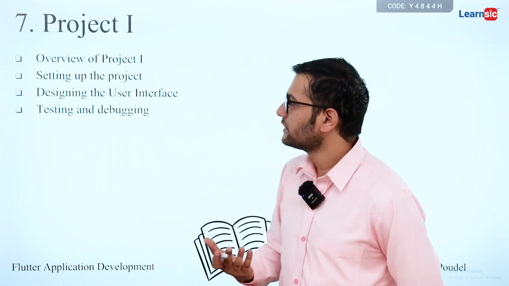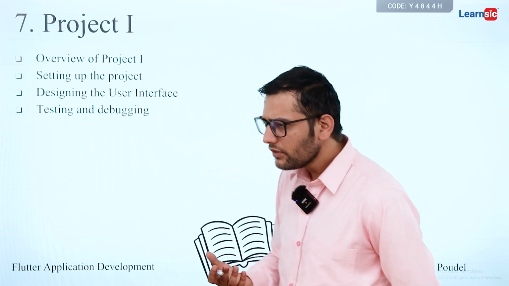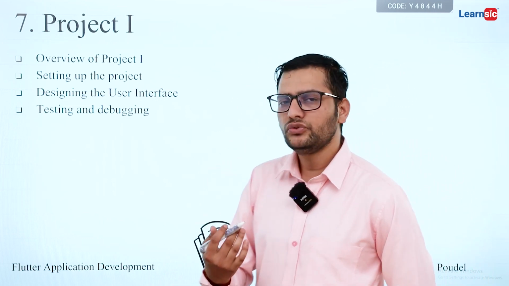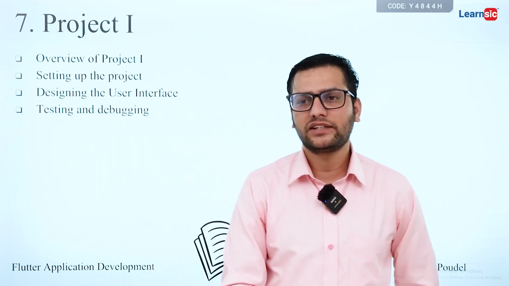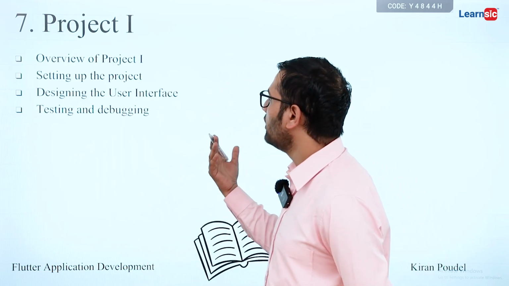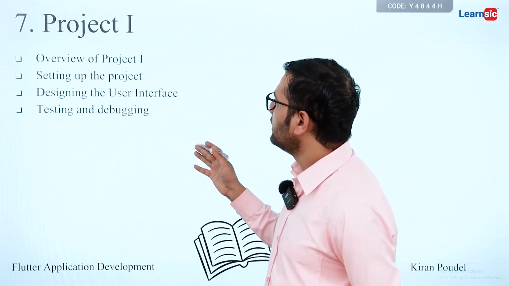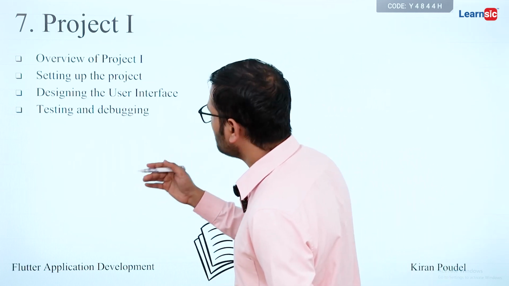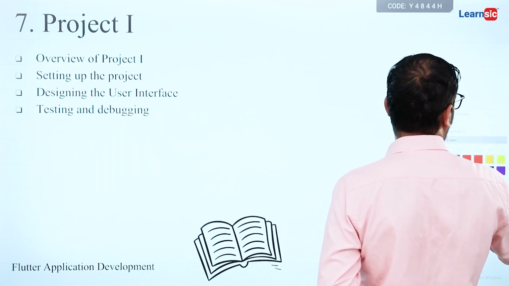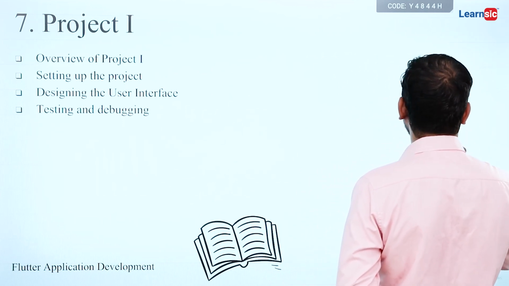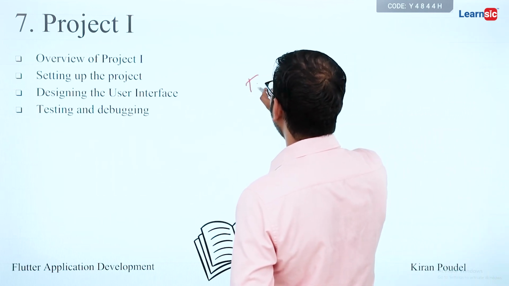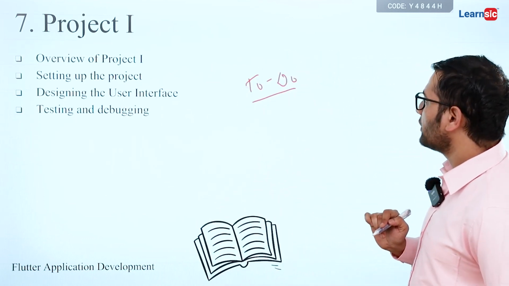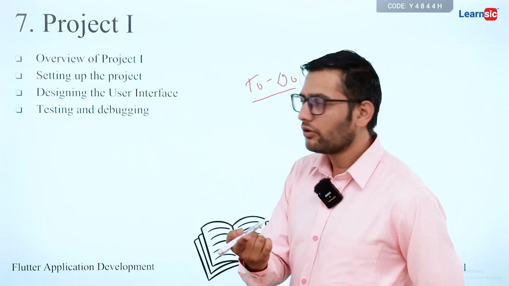In the project, at first we will look at the overview of the project and how to do the setup of the project. In the first project, we will learn how to implement all of the widgets that we are going to learn in this series. The name of the first project is To-Do. In this project, first we are going to implement the API call as well.